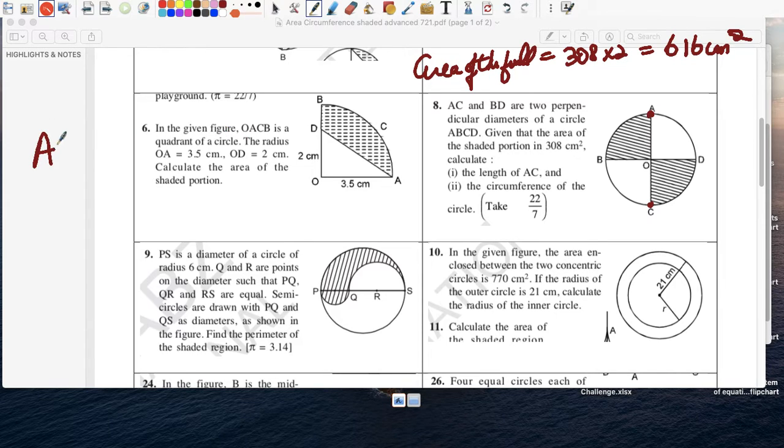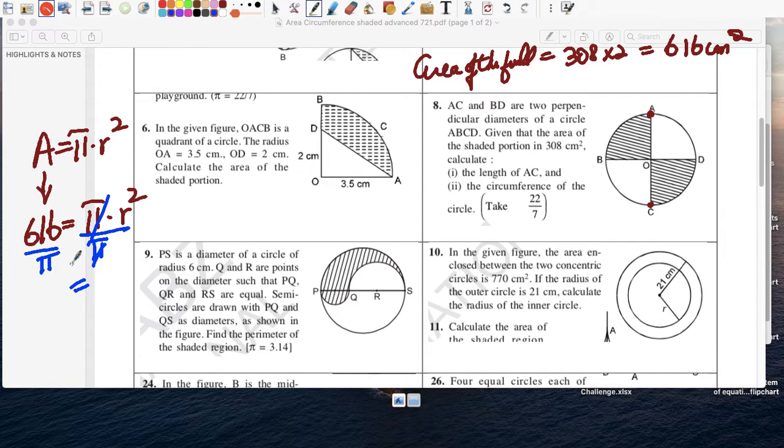So A equals pi r squared. In this case, I know what the area is, 616. Pi and r squared, and r is going to be what we're looking for. So remember what we did, divide by pi, divide by pi. So let's find out what 616 divided by pi is.